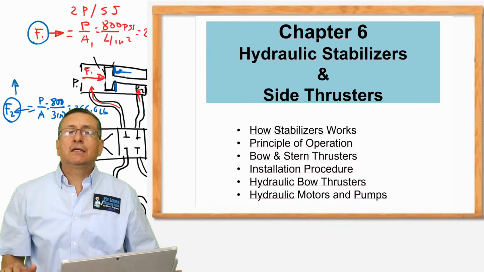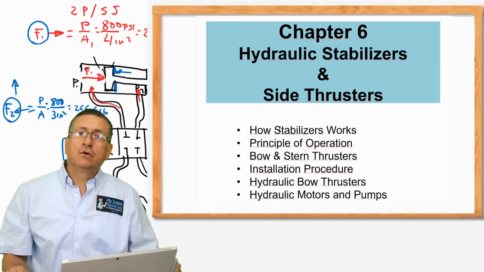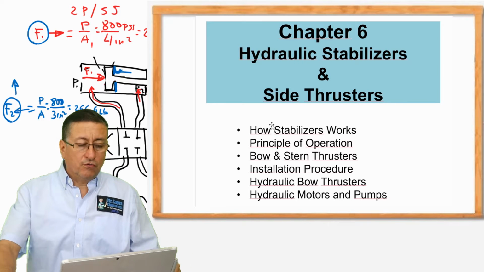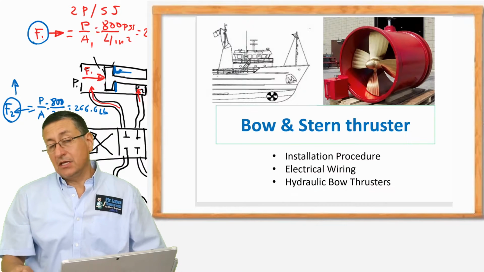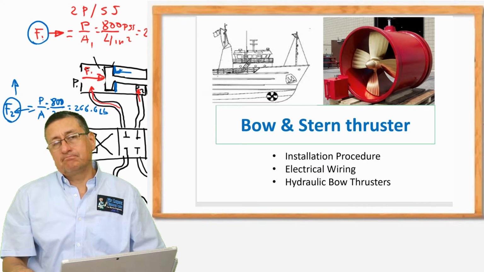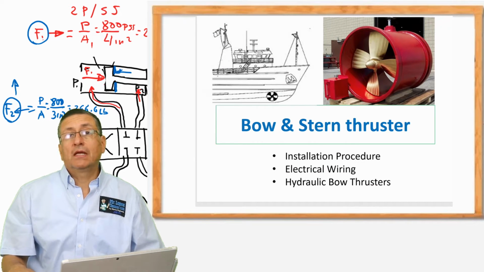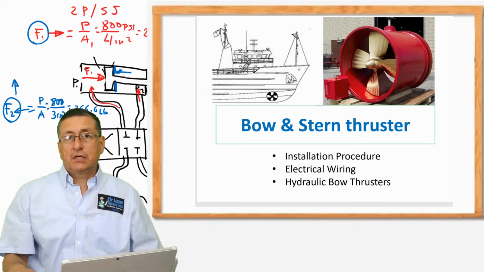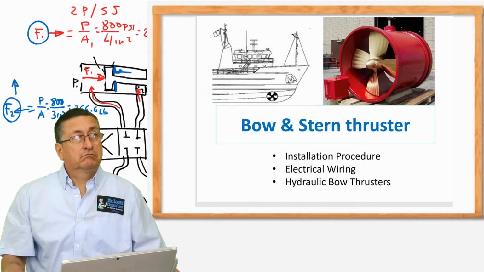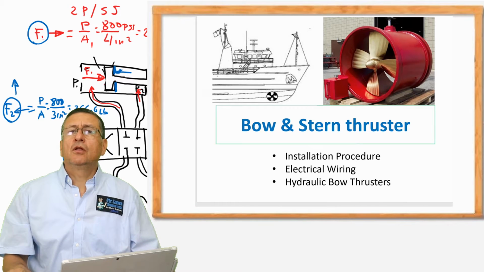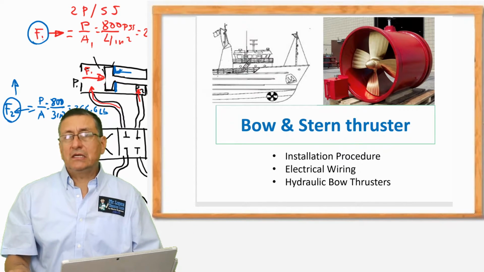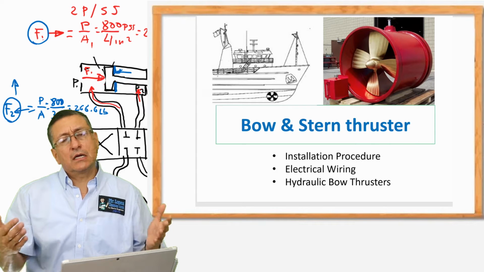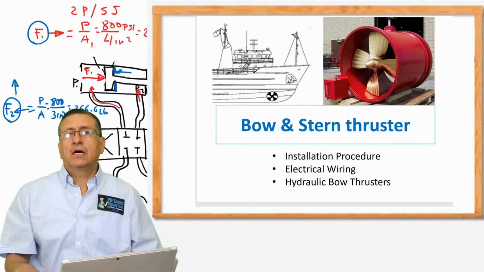Okay, today there are a lot of options for bow thrusters and stern thrusters. There are electrical options, AC and DC, and there are hydraulic options. All of them are excellent options. Normally the DC bow thrusters are considered for small and medium boats.